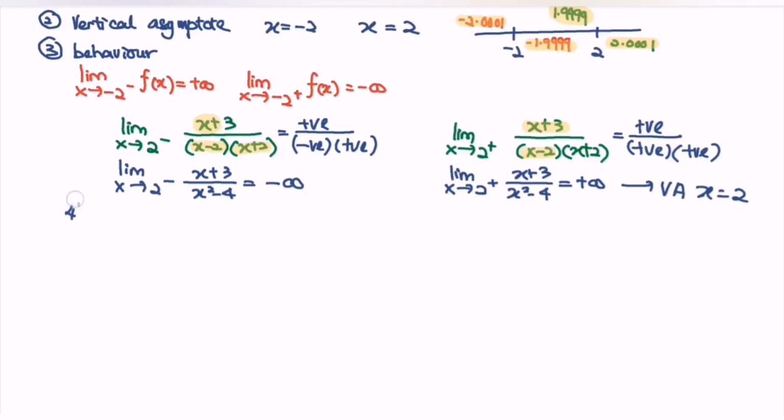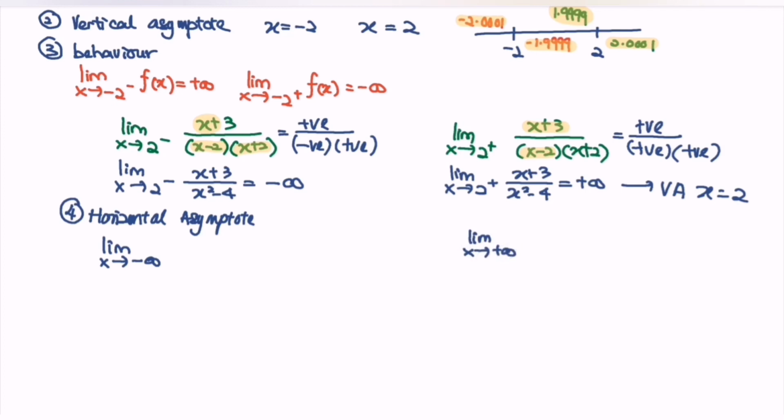Step number 4, we are going to find the horizontal asymptote. How to find the horizontal asymptote? Kindly write down the situation: limit when x approaches negative infinity, and another part, limit when x approaches positive infinity.